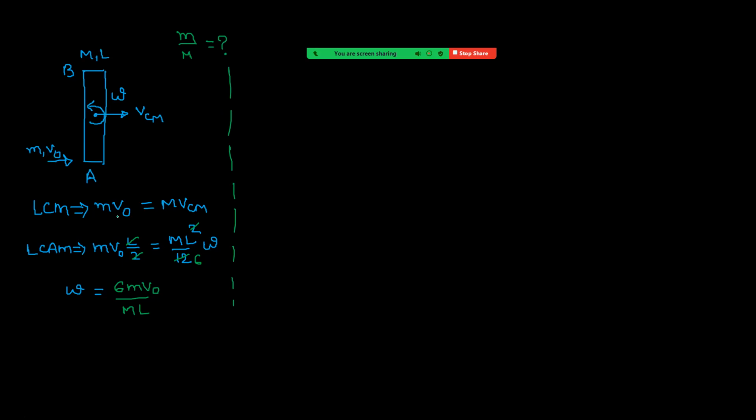So I can write here half m v naught square is equal to kinetic energy after collision, that is half into capital M into VCM square plus half I omega square. So we know VCM and we know omega, substituting values in that. This is one way of solving the problem.